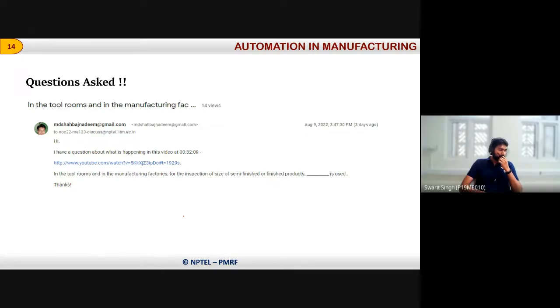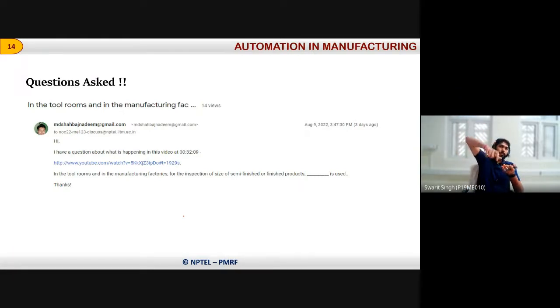Anyone else? Suppose there is a workpiece and it is semi-finished, like only the facing operation has been performed. Now you want to measure the size of the semi-finished component that you have just performed the face milling operation on.